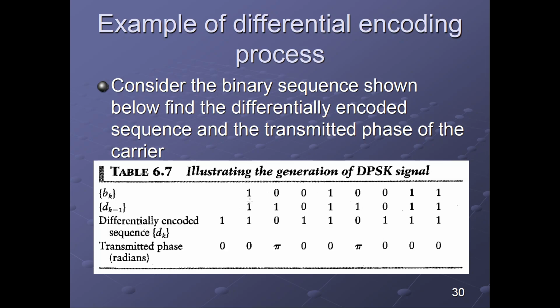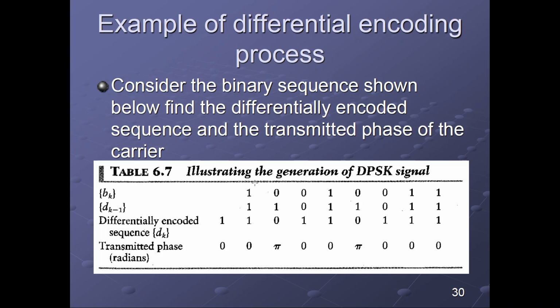These are the bits you want to transmit, and I need to find DK. Forget about the DK minus 1 row; I'm here, and I need now to find DK. You need to fill this in, for example.